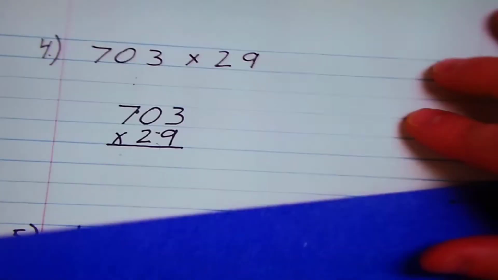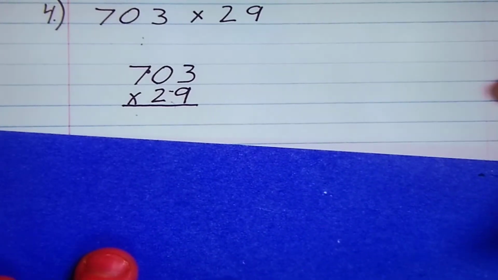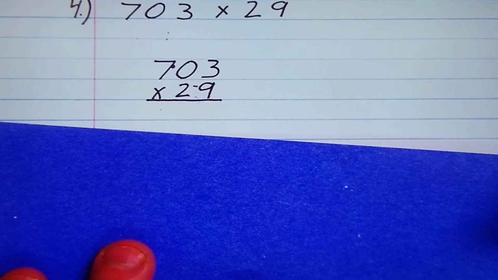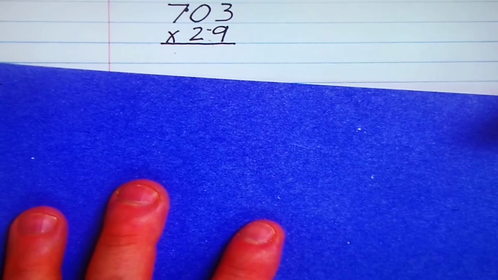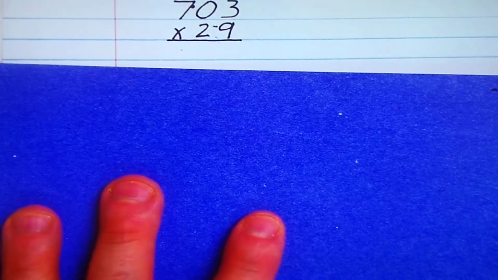Let's try that again. 703 times 29. When you line it up, that's what it should look like. Pause the video, solve that problem, and then we'll check it together to see how good you did.